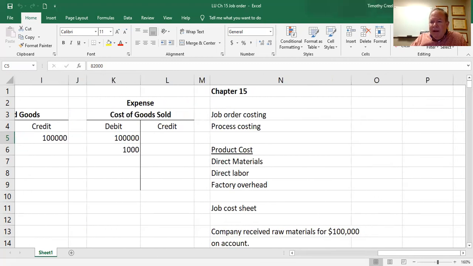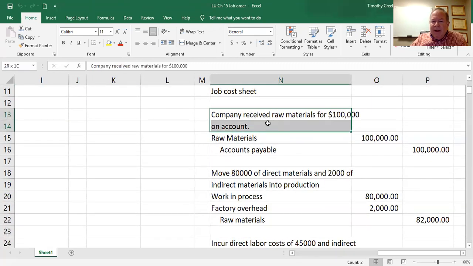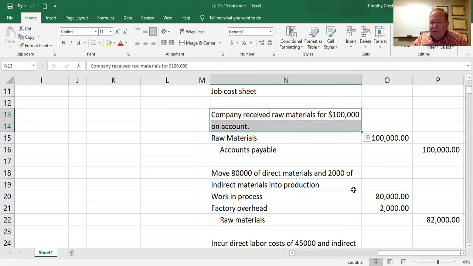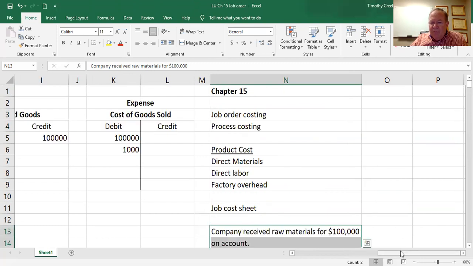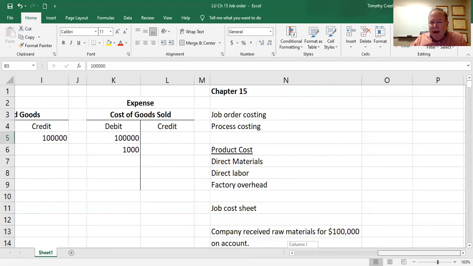So let's say that the company received raw materials for $100,000 on account. And so basically what we would do here is it would go into raw materials because we received them and we got them on account.